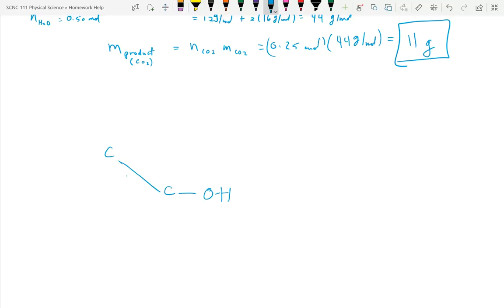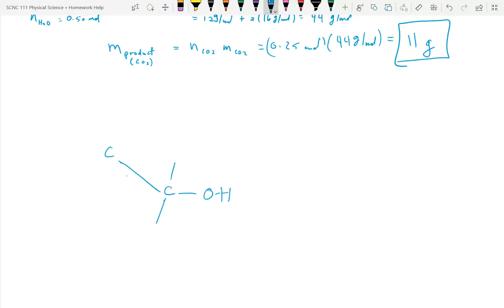Carbon's going to have a valence of 4. So how many bonds is it going to make? It's actually going to make 4, one for each of those valence electrons. It makes the number of bonds that will make it have a complete shell. It has 4, so it needs 4 more electrons to get to 8. So it's going to make a total of 4 bonds. So it's going to have 2 more bonds.